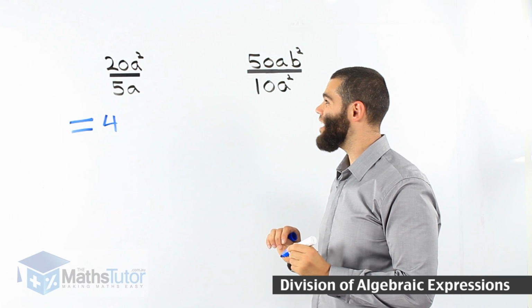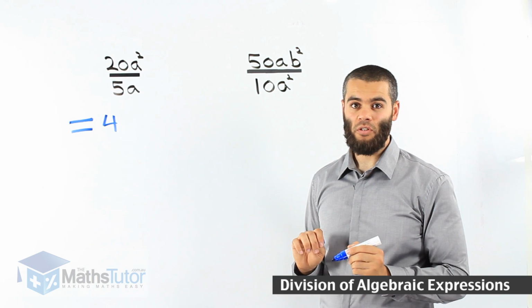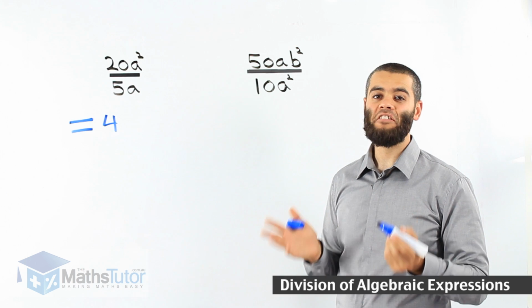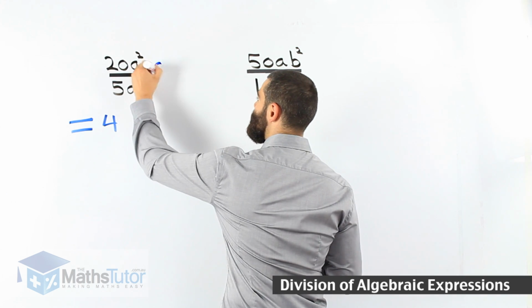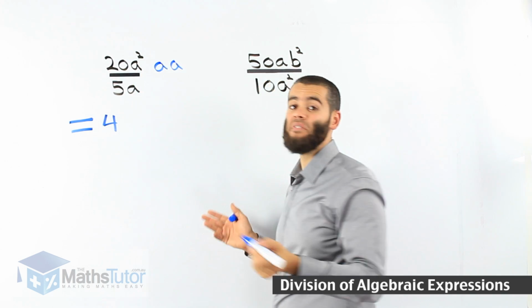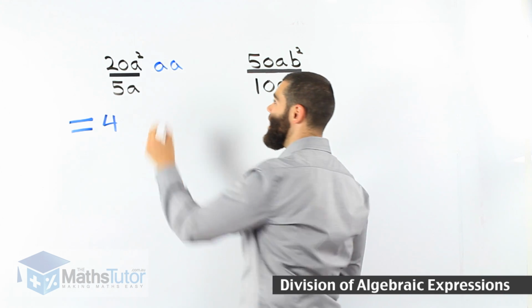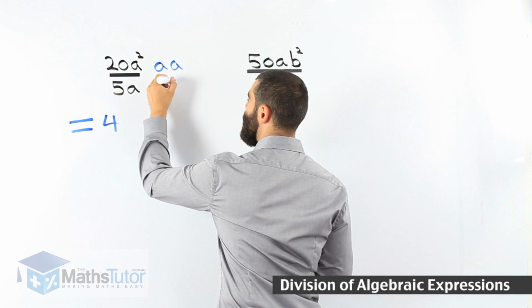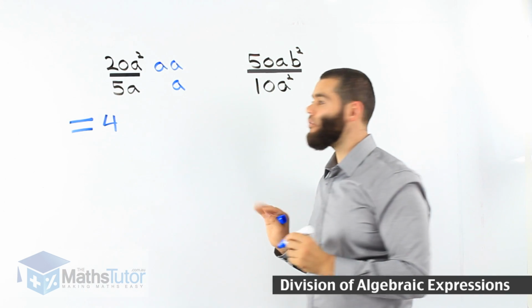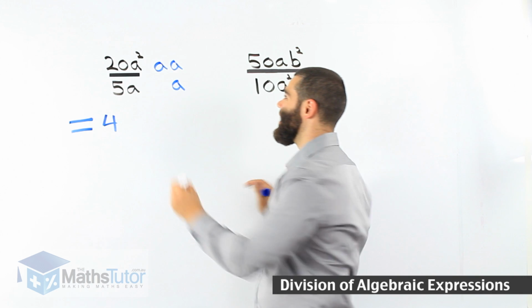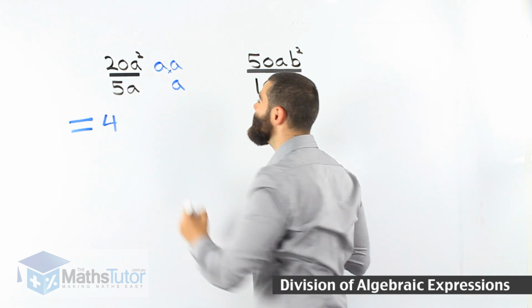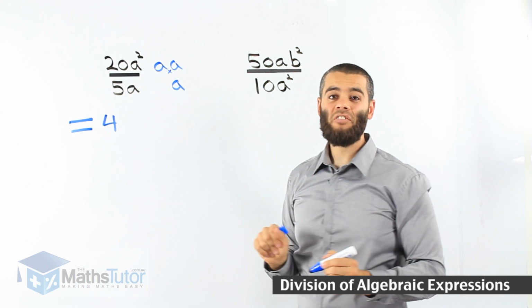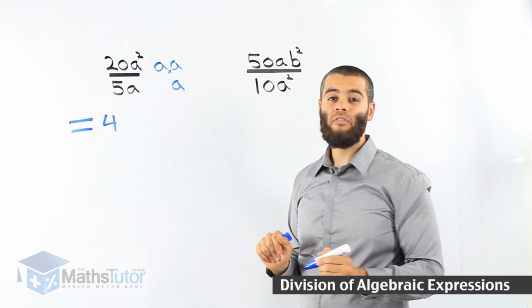You notice we have an a squared on top and an a on the bottom. What does that actually mean? What does a squared mean? It means a and a, which is a times a. So we have two a's on top, a times a, and we have an a on the bottom. A squared is really a times a, and on the bottom we have an a.